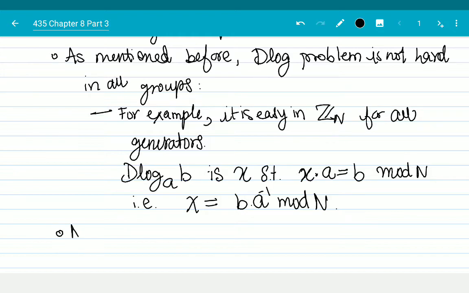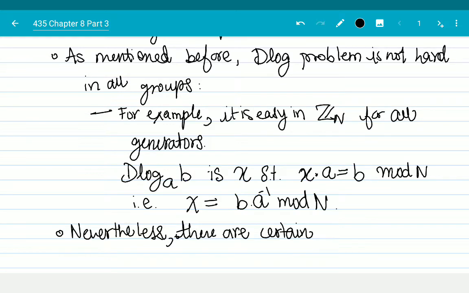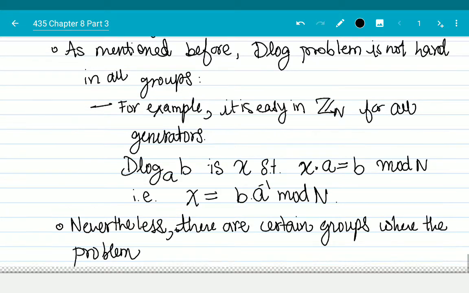Nevertheless, there are certain groups where the problem is believed to be hard.